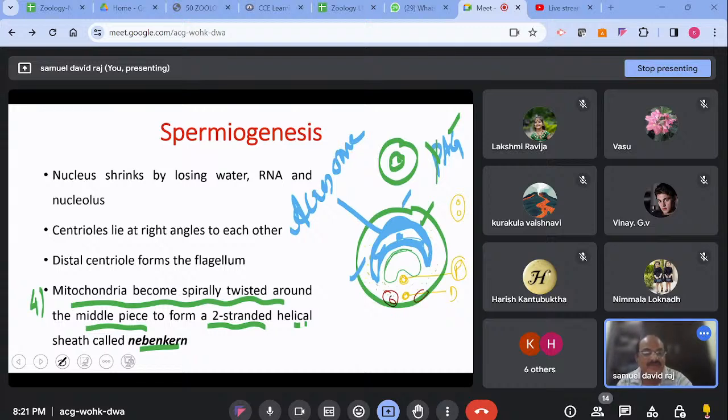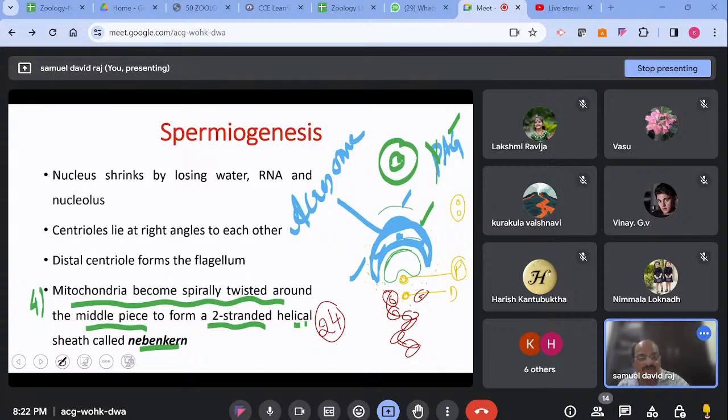These mitochondria are spirally twisted. In human beings, there are about 24 mitochondria which are spirally twisted. As this is happening, the plasma membrane also spreads over this. This forms the middle piece, and this forms the head with acrosome and nucleus.